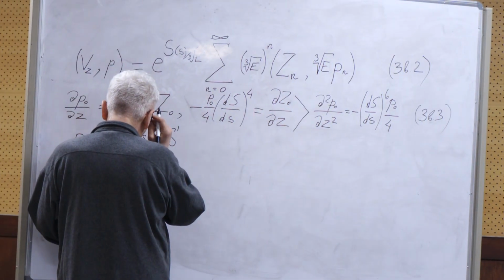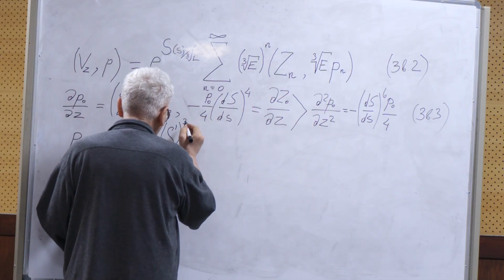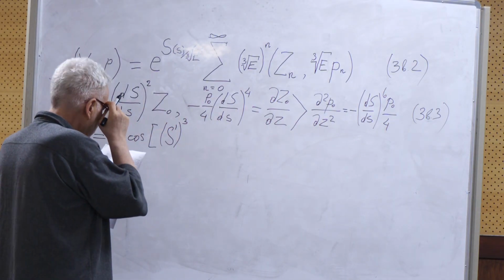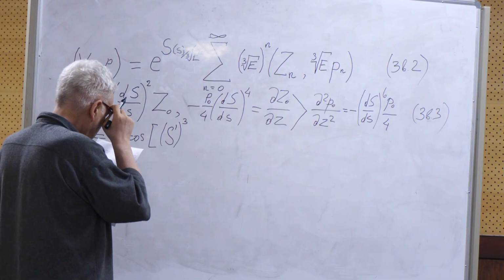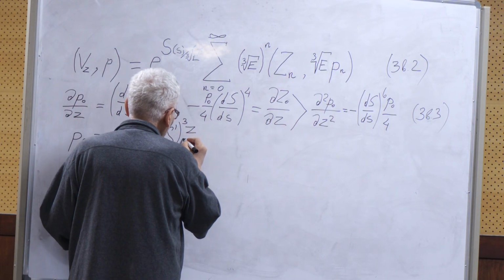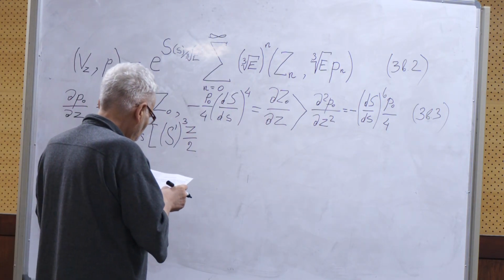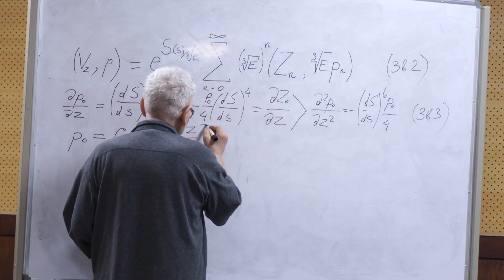So we have the third power of this stuff. Then we have z over 2, and the bracket is closed.